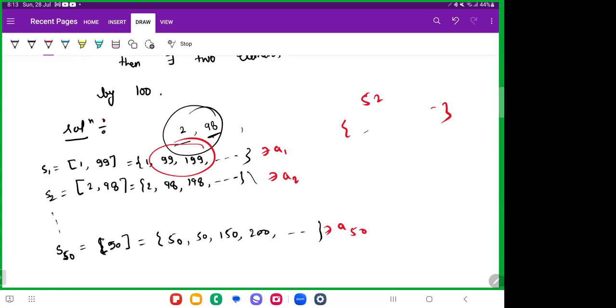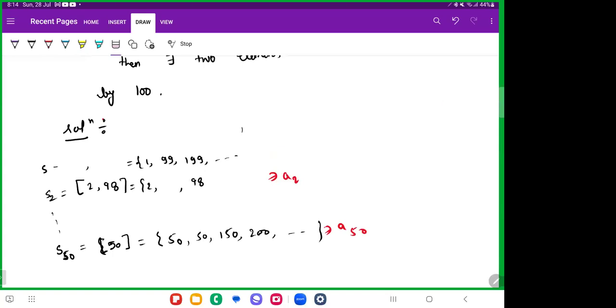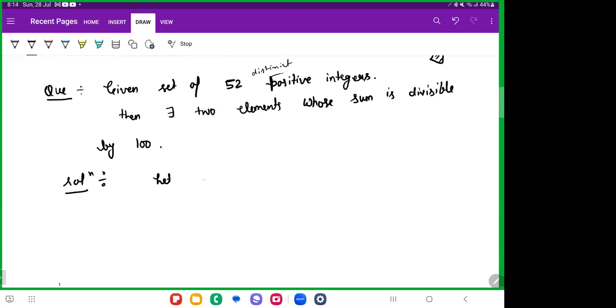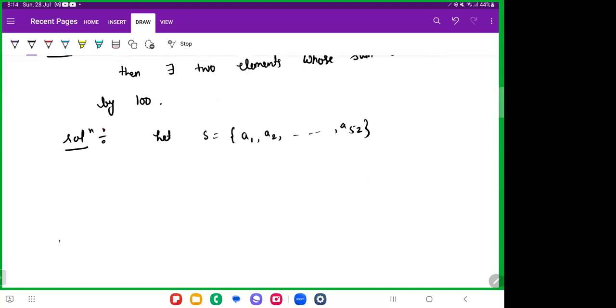Okay, let's erase this and write again. Let's suppose your given set S of 52 integers is A1, A2 up to A52, positive integers, right?